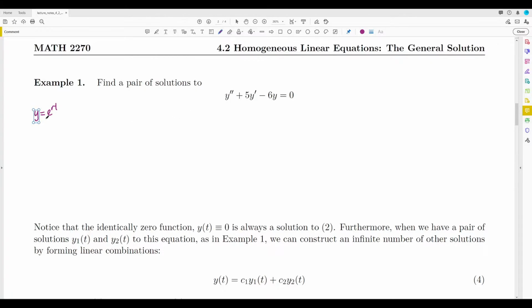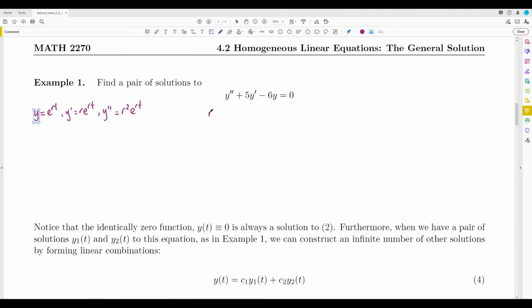If y equals e to the power rt, we've seen before that y prime is r e to the power rt, and then y double prime is r squared e to the power rt. So let's plug that in.